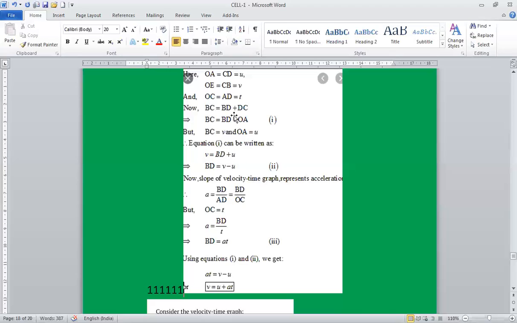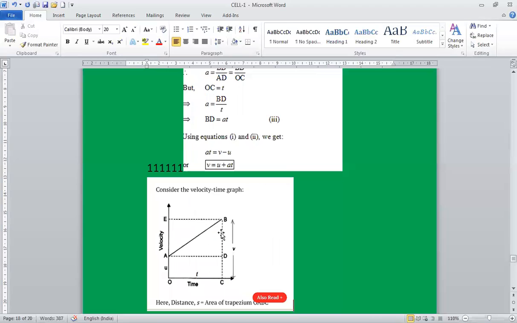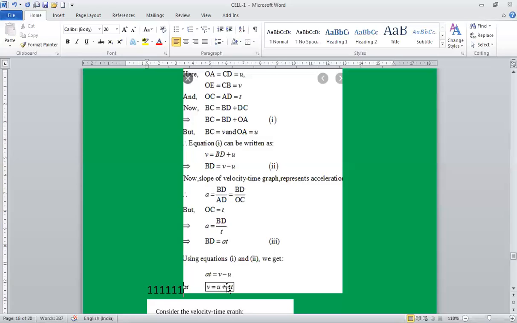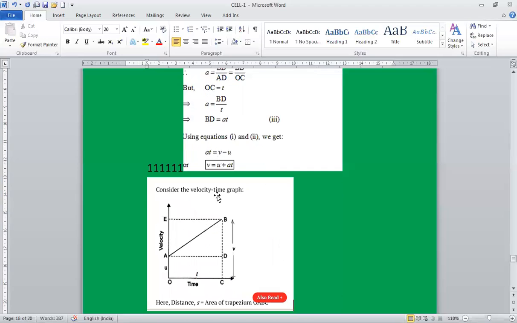Now, BC is equal to BD plus DC. See, this is B and this is C. We can also say BC is equal to BD plus OA.